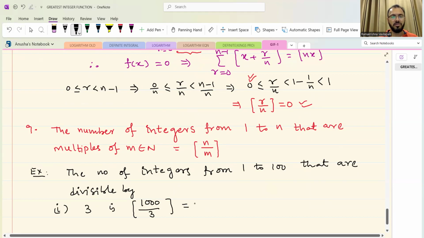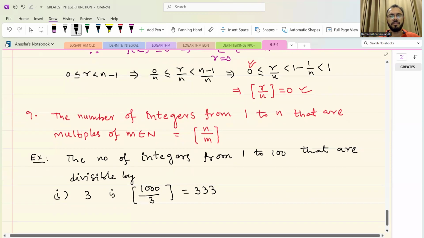So this is equal to: 3 3s are 9, again 10, 3 3s are 9, again 10, 3 3s are 9, and you leave the decimal part. So there are 333 numbers which are multiples of 3.